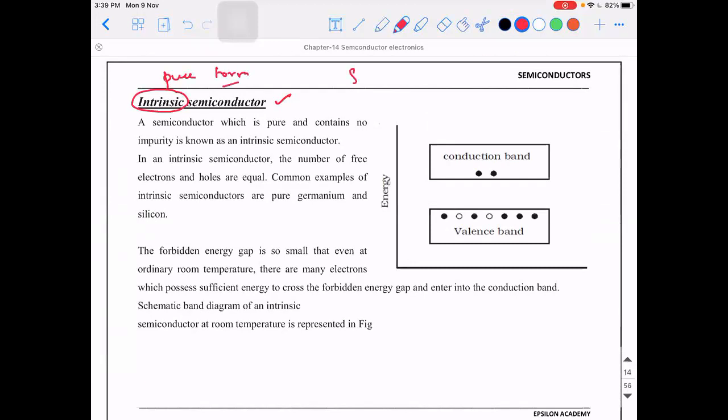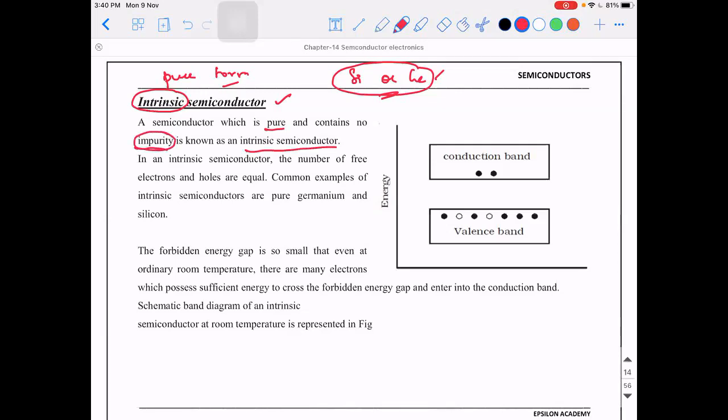When you talk about silicon or germanium, both are semiconductors which are used these days. If these materials are used in their purest form as semiconductors, then those types of semiconductors are called intrinsic. That is, a semiconductor which is pure and contains no impurity is known as an intrinsic semiconductor. So remember this word impurity. I'll tell you what it means.